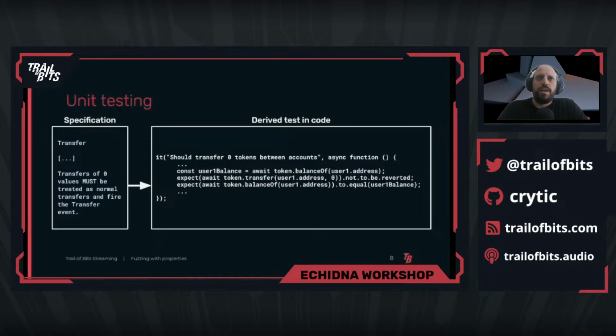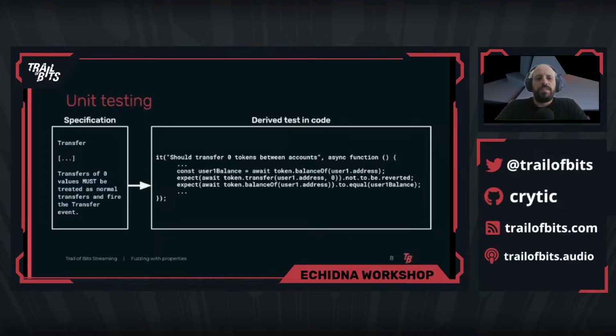In this case, we have a Hardhat test that implements the transfer of zero value test. And in this particular case, we are only testing that the transfer from the contract address to the user one address is okay, it's not reverted, and the balances aren't changed.